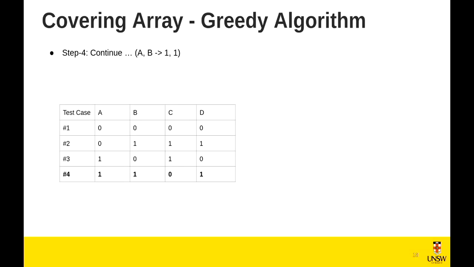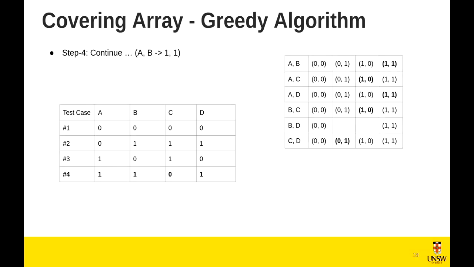Since we already covered 1, 1, 0, 0, 0, 1, 1, 0, we have to use 1, 1 for A and B. And for the rest of the parameters, since we already saw 0, 0, 1, 0, 1, 1 for C and D, let's just use 0, 1 to maximize the gain from this test case. And in this test case, we can have 5 more patterns covered.